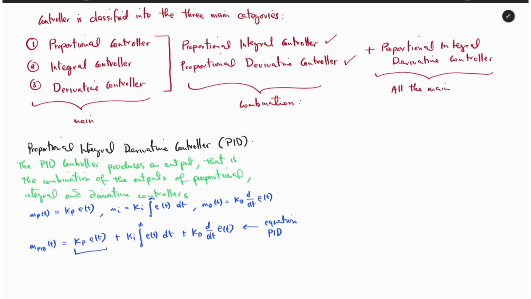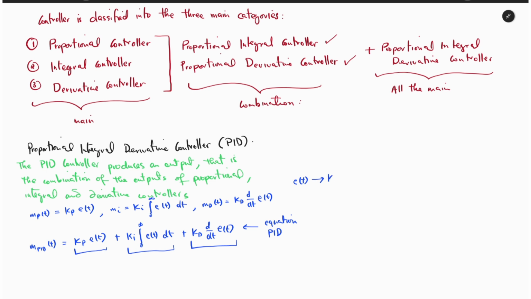So we have the proportional, the integral, and the derivative controller. So simply in the block diagram, we know that all of these except the input, which is the error signal, and this controller is now summing up all this error signal with respect to each of the main controllers.